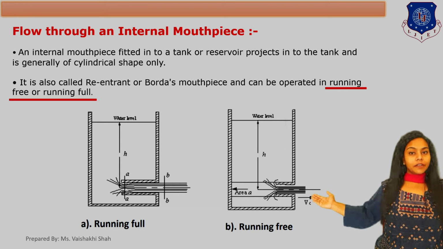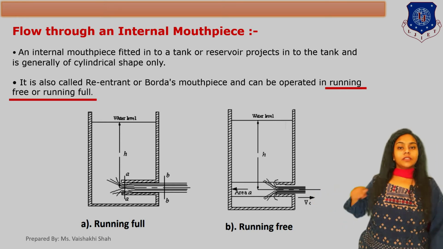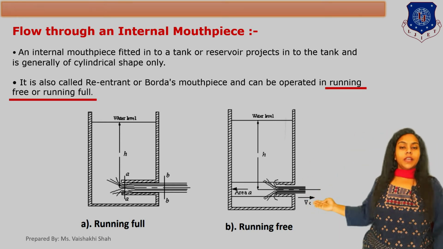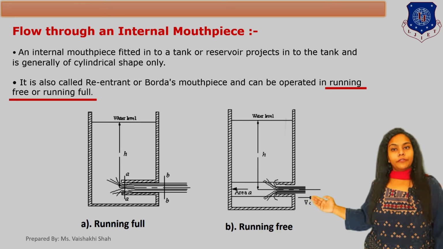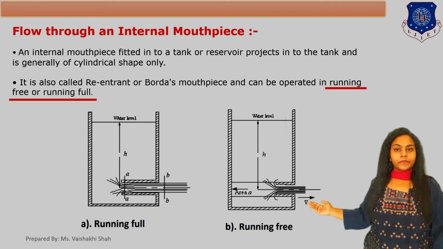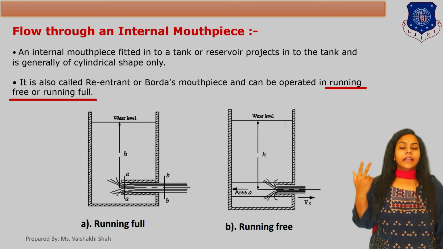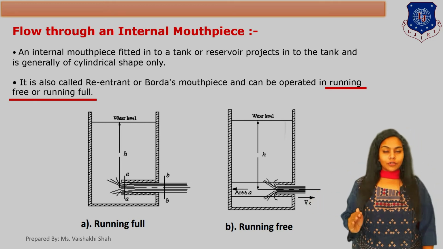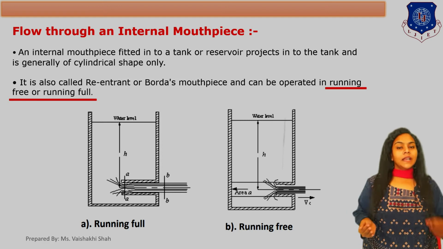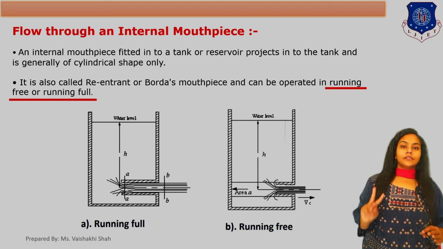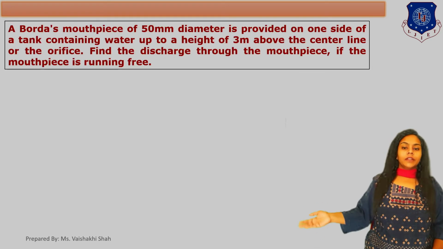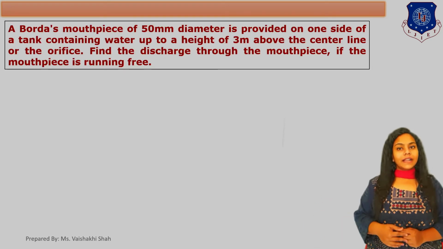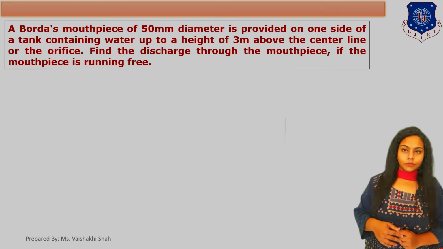Here liquid does not touch the total surface of the mouthpiece. So this is called mouthpiece running free. So in Borda's mouthpiece there are two types, running free and running full. Now we will solve an example based on Borda's mouthpiece.